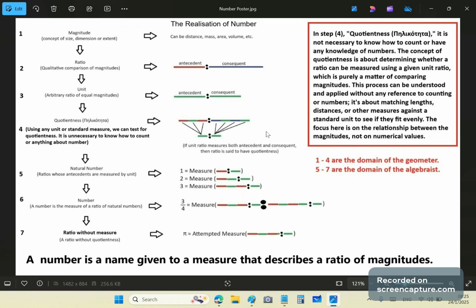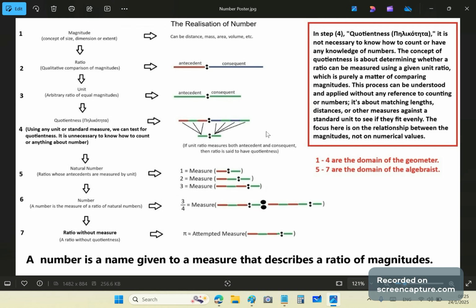So to even begin to deal with ratios that are useful, they have to have quotientness, okay? In other words, it must be possible to measure both the parts of the ratio with a common magnitude. And if it's possible to measure them with one common magnitude, there are innumerably many others, because all we have to do is just break up the common magnitude into equal parts. And the next step becomes obvious.